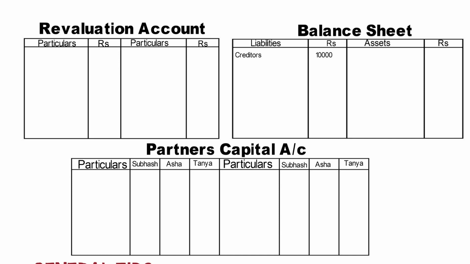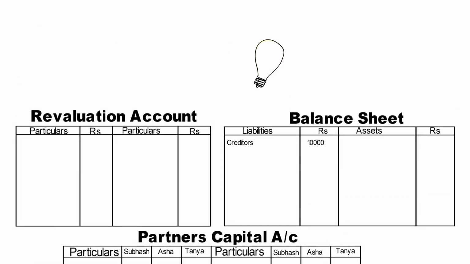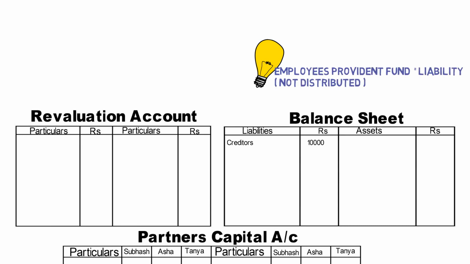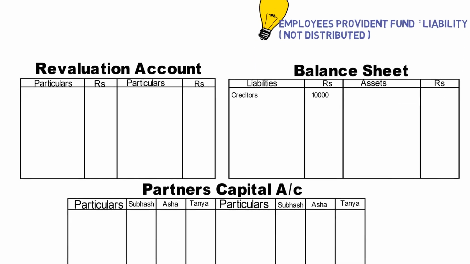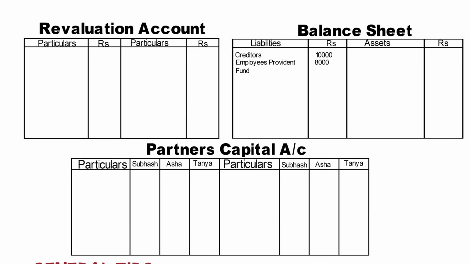Next, Employees Provident Fund. Remember that Employees Provident Fund is not a reserve, but it is a liability against employees' compensation. Therefore, it will not be distributed to the partners, but it will be retained in the balance sheet. So note this value in the new balance sheet as well.